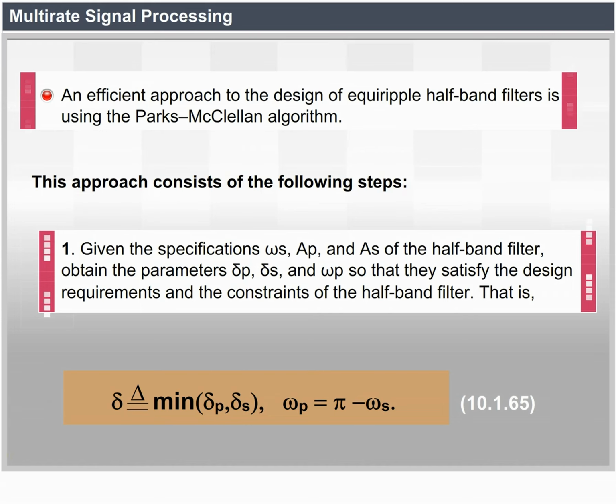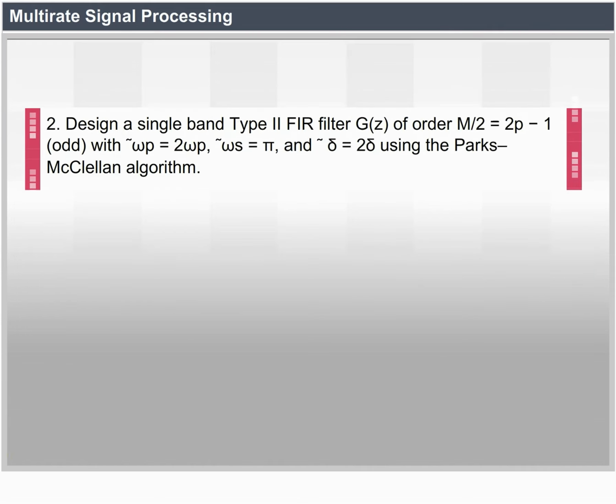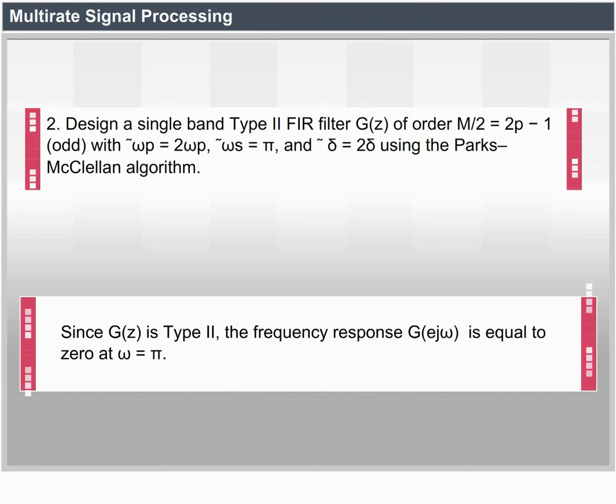Number 2. Design a single band type 2 FIR filter g(z) of order m/2 = 2p-1, odd, with omega p equal to 2 omega p, omega s equal to pi and delta equal to 2 delta using the Parks-McClellan algorithm. Since g(z) is type 2, the frequency response g(e^(jω)) is equal to 0 at omega equal to pi. Number 3.